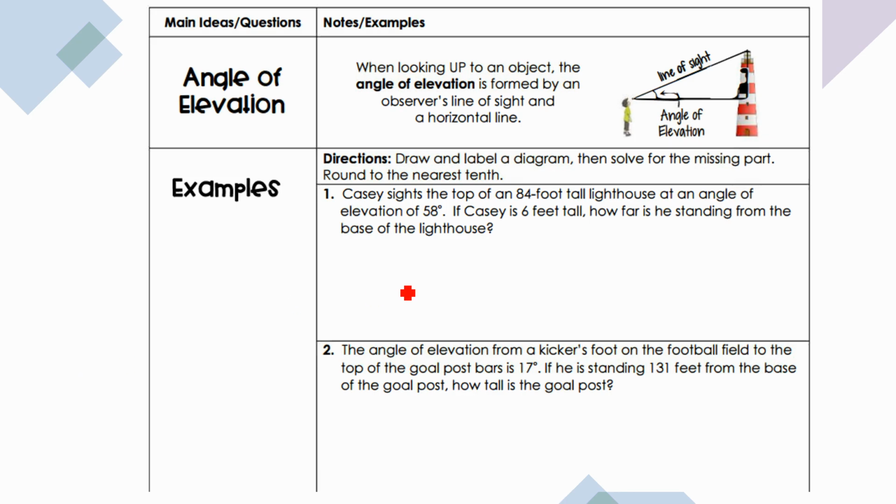So it says Casey sights the top of an 84-foot tall lighthouse. Okay, so we have Casey here, and we have some lighthouse. Oh, I should say they're both on the ground, and the lighthouse is 84 foot tall.